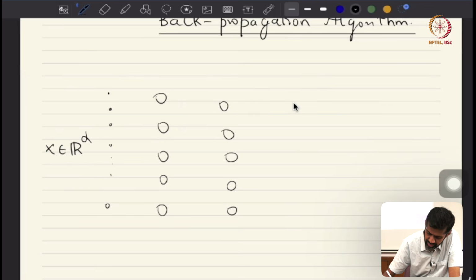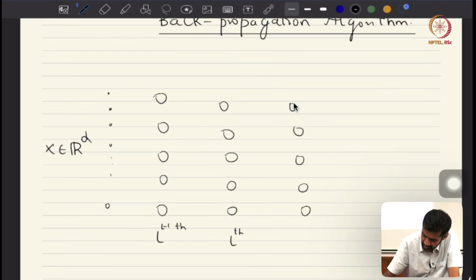Now what happens is I will take this as the lth layer. Hold on, do not write yet, I will complete the notations and then you can copy. This is the (L minus 1)th layer, the Lth layer, and we also need an (L plus 1)th layer.